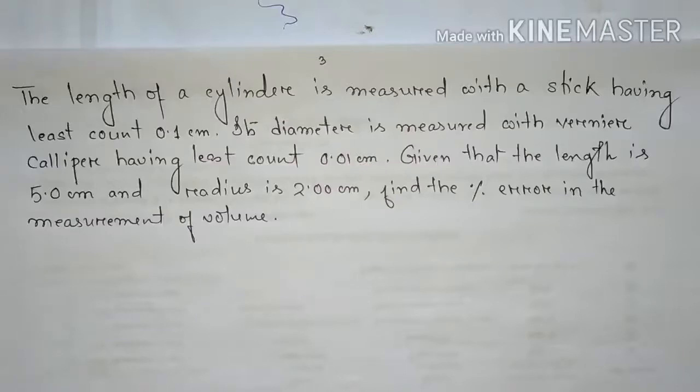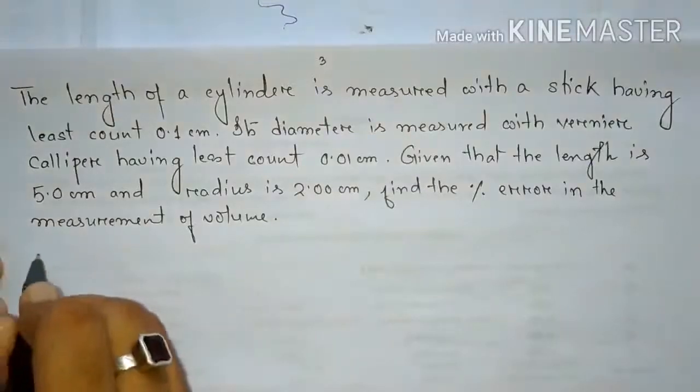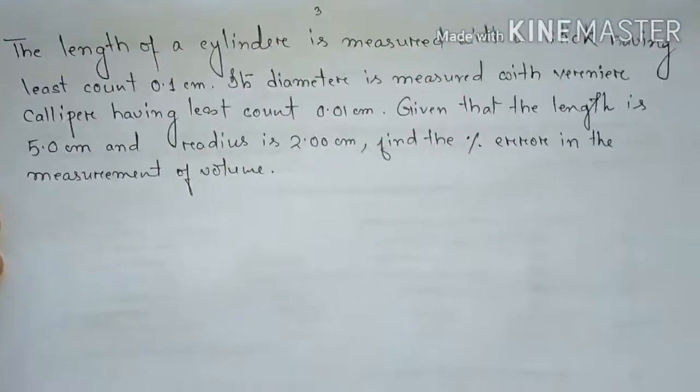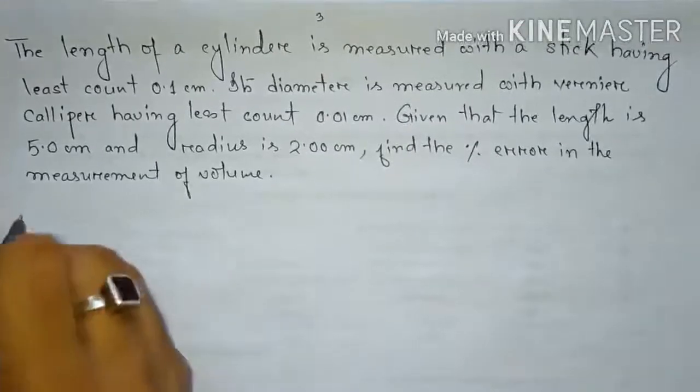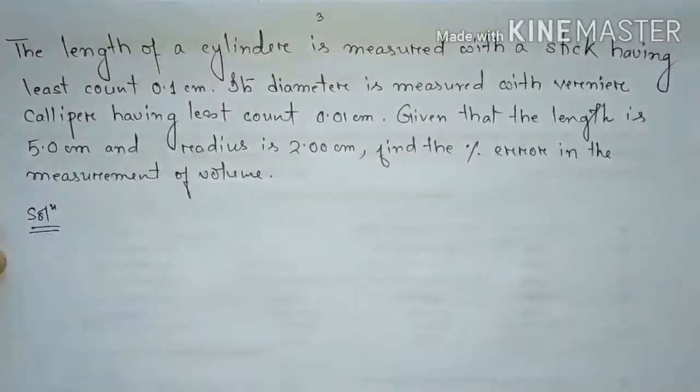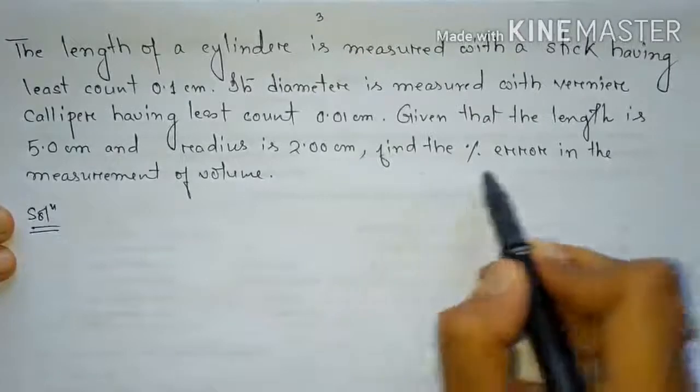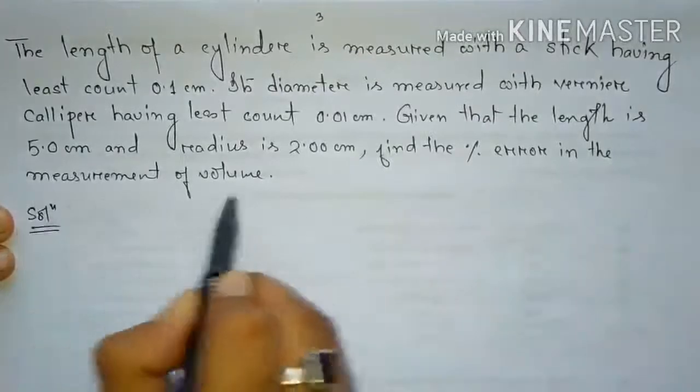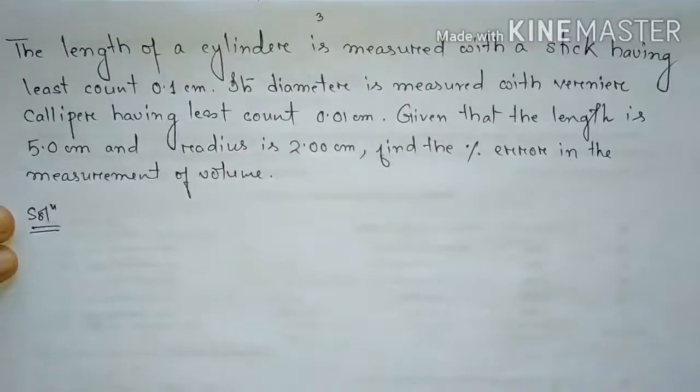Just as I said, first we have to mark the things that are already given to us and decide the particular quantity that we have to find out. So the solution will be: first of all, what do we have to find? Find the percentage error in the measurement of volume. That means the percentage error in volume we have to find.